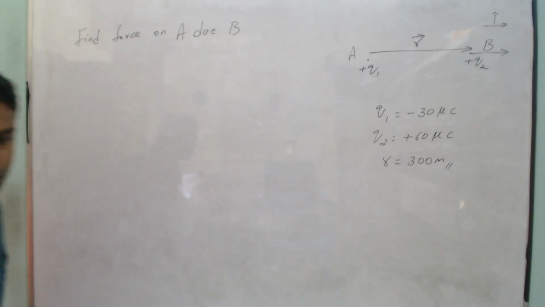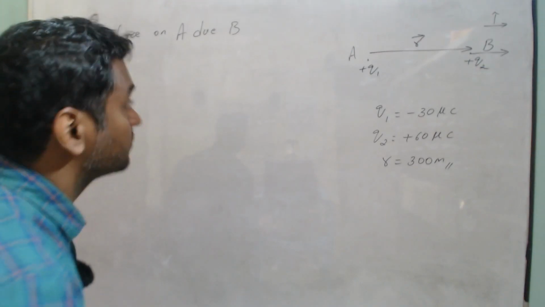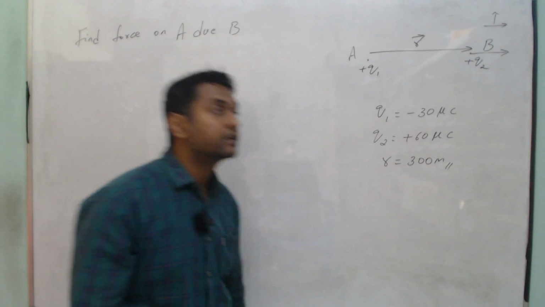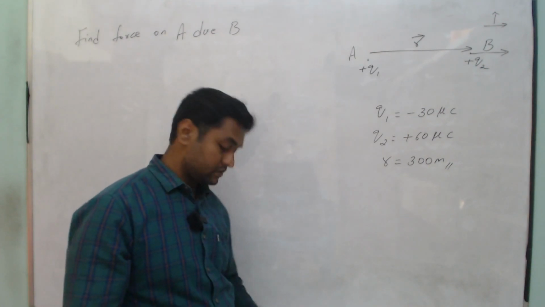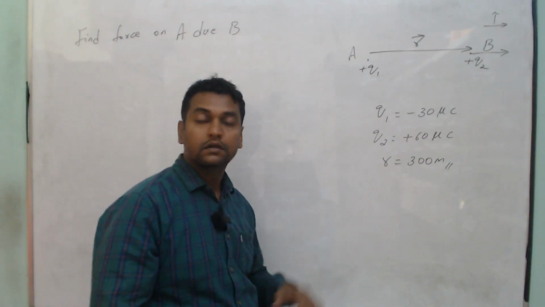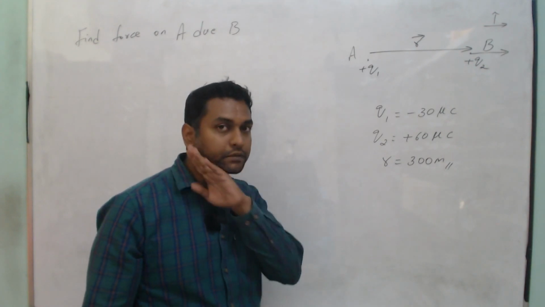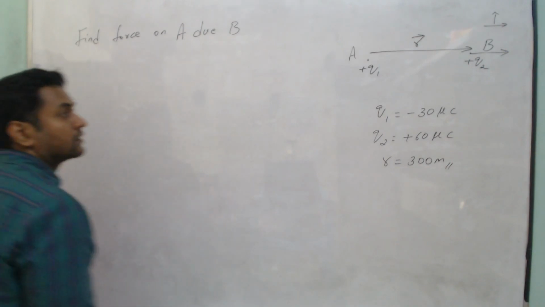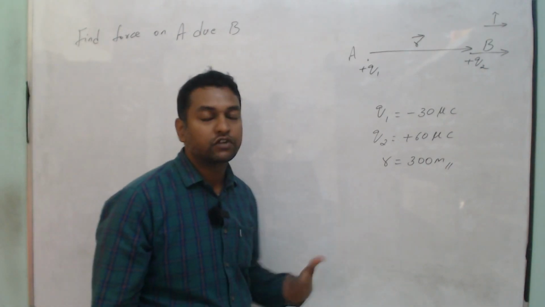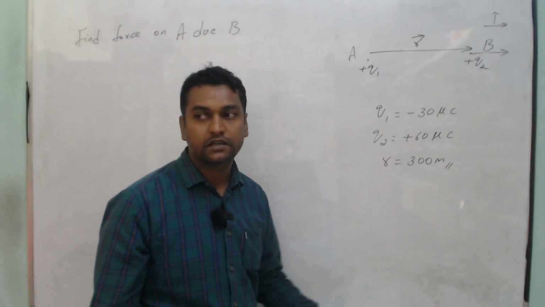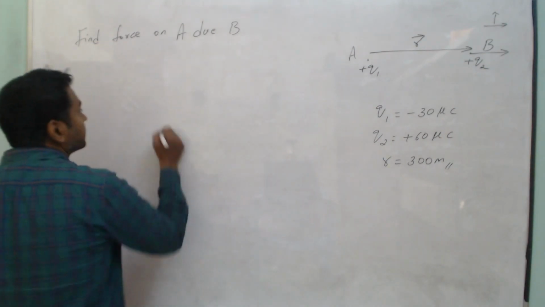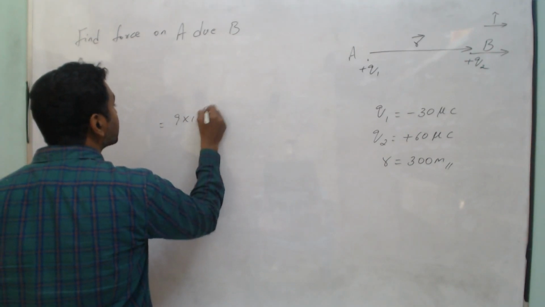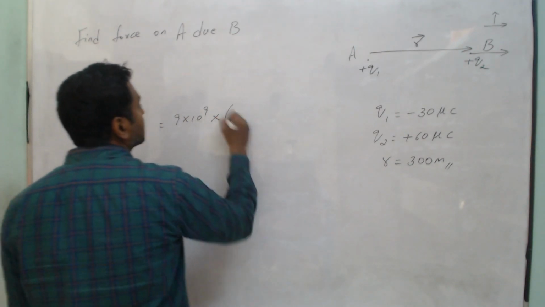54 into 10 power minus 3, and it is plus I cap, is it? What is the direction, plus I cap or minus? Plus I cap. So 9 into 10 to the power 9 into Q1.